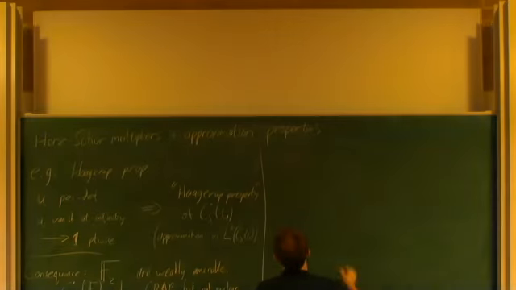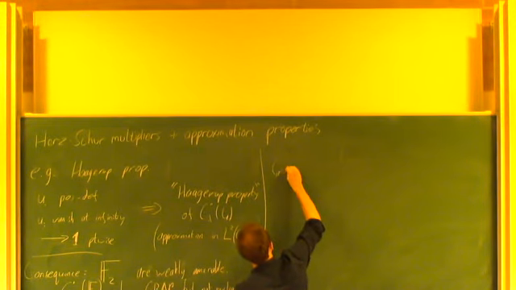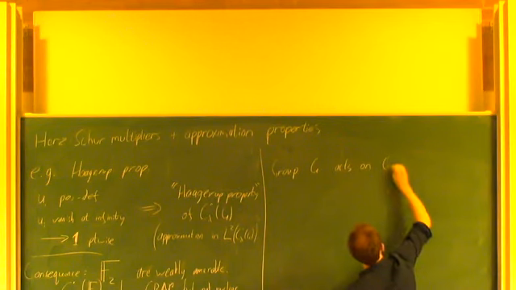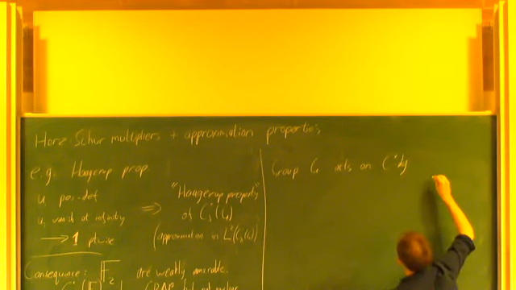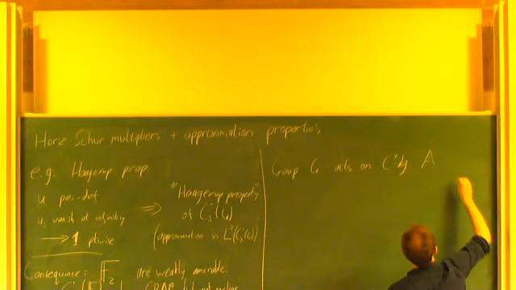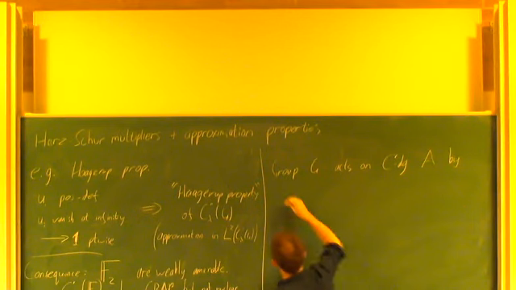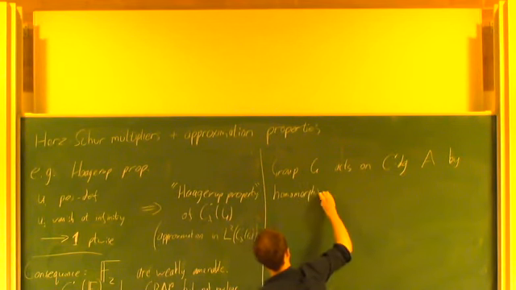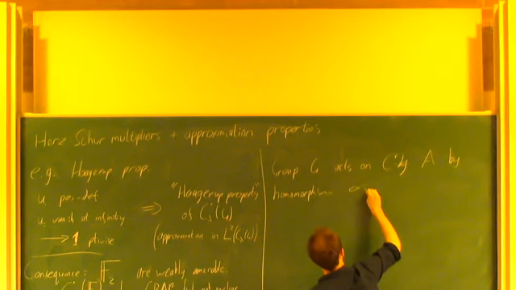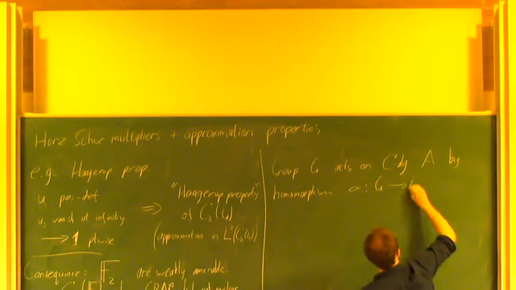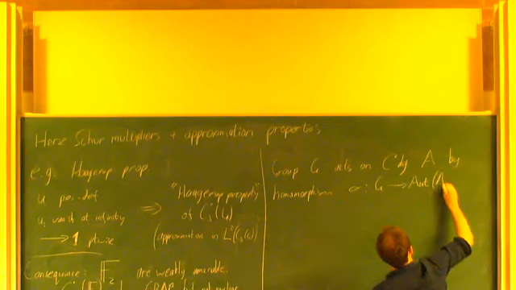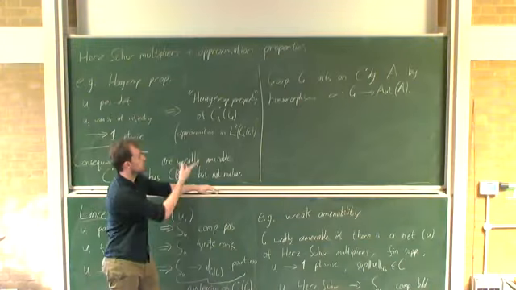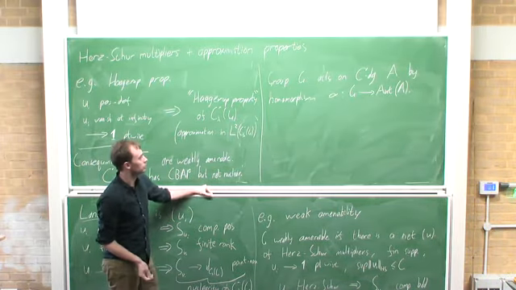So a group G acts on a C-star algebra A by a group homomorphism alpha from the group into the automorphism group of A. G is discrete, so we don't need to worry about any continuity issues.